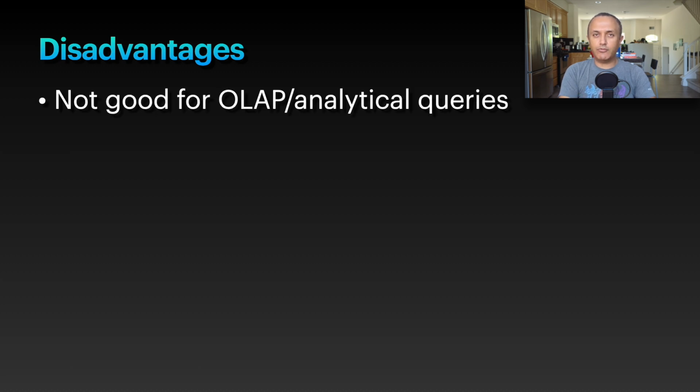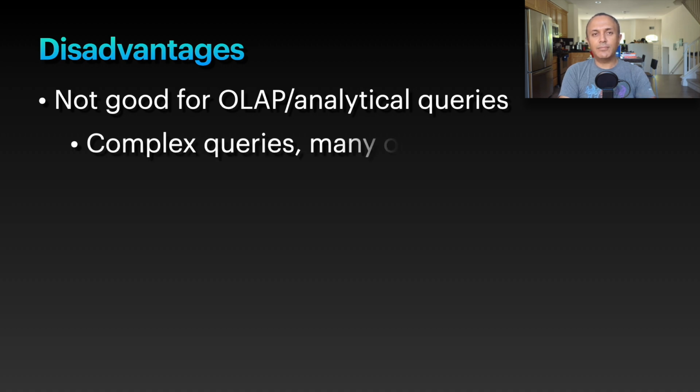Now, the disadvantages are, well, one is the opposite of what we were just talking about. It's not good for OLAP or analytical queries, because these queries are usually very complex, have many operations. So it means that you have to wait for all these operations, all these nodes to produce their outputs before you start producing the final outputs of the query.